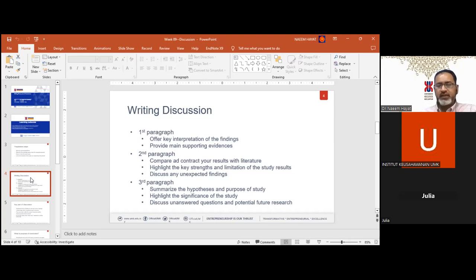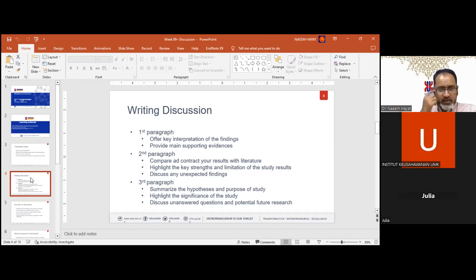The third paragraph summarizes the hypothesis and purpose of the study. It is a conclusion, actually. Highlight the significance of the study, and discuss unanswered questions and potential future research. It means we are talking about some limitations and the research questions that we need to pursue in the future. There may be some unanswered research questions allied to our study, so we can discuss them in paragraph 3.